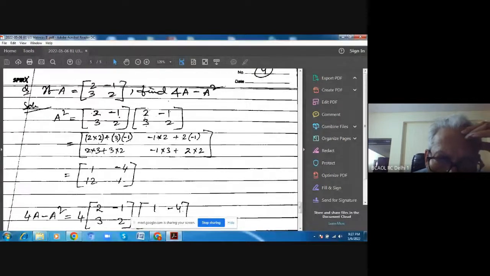So what is the column, first you write that. In this case 2, there is also 2, so 2 into 2. Now 3, I am writing 3 first. Otherwise minus 1 into 3 is the same thing, but you have to maintain the order in which you are writing, and then the chances of mistake will be less.